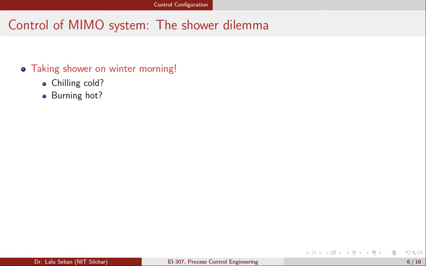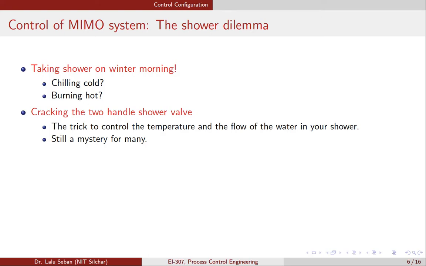The input variables are the flow rate of the hot water from the geyser and the flow rate of the cold water from the tank. And what are the outputs? The outputs are the temperature of the water coming from the shower and the flow from the shower.